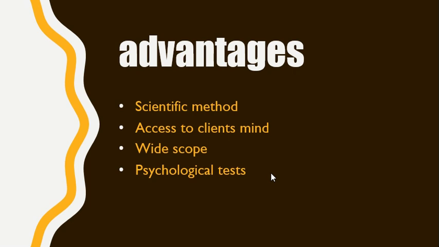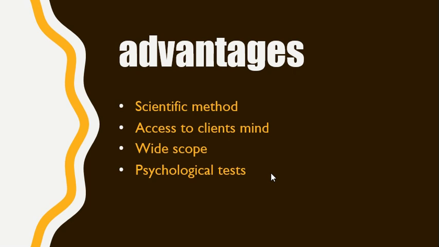Another advantage is that this method initiated the use of psychological tests as well. Many tests are devised to analyze the individual's abilities, capabilities, skills, like the personality test, intelligence test, attitude test, aptitude test, and so on. In the light of these tests or assessment tools, different psychotherapies have been introduced as well.